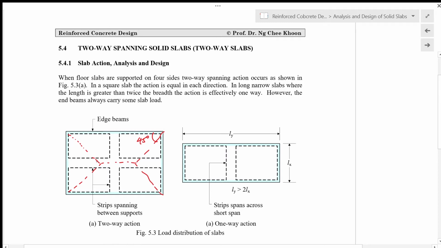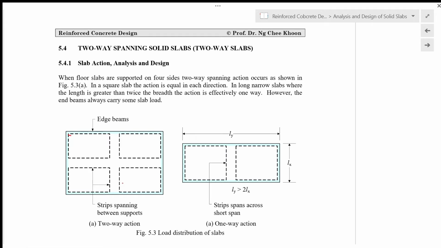These loads will be transferred in this direction. This load will be transferred in this direction. This trapezoidal load will be transferred in this direction, and this triangular load will be transferred in these directions to the respective supporting beams. In a square slab, the action is equal in each direction.